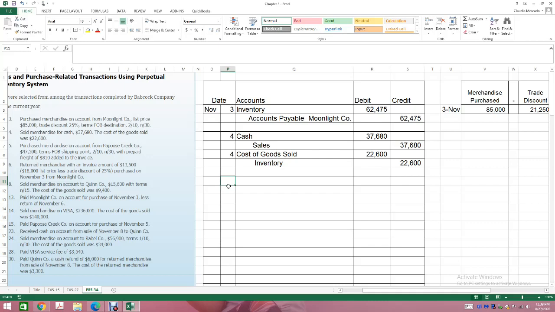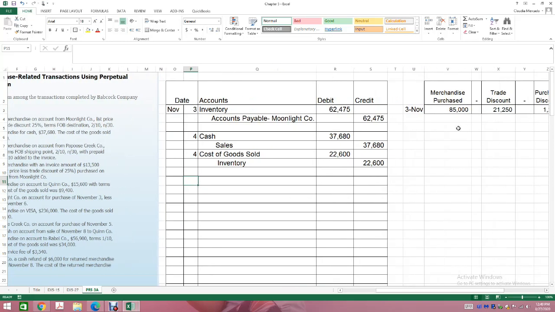On the 5th, you purchased merchandise on account from Papoose Creek Company, 47,500, terms FOB shipping point, 2/10 net 30, with prepaid freight of 810 added to the invoice. Okay? So, let me do that same transaction.